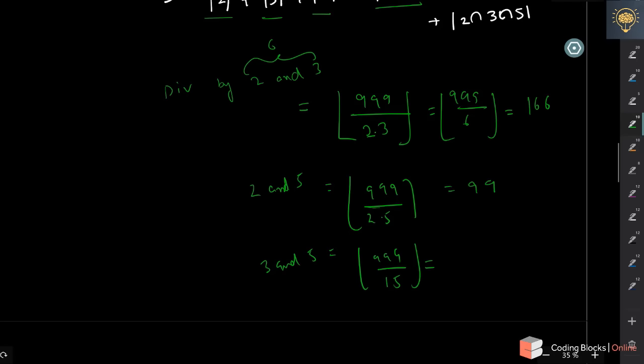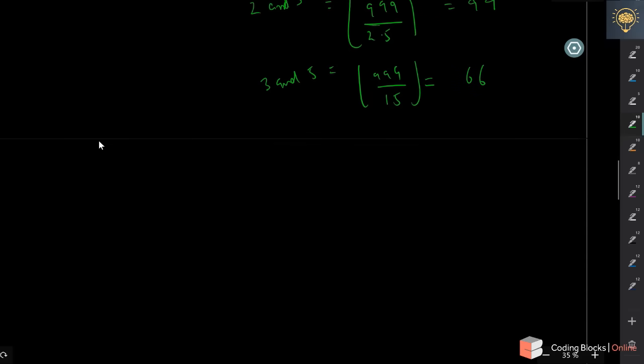Sorry, this comes out to be around 66. Finally, you need to find out all those numbers which are divisible by 2, 3 and 5 all. So 15 into 2 is 30, and 999 divided by 30 is equal to 33.